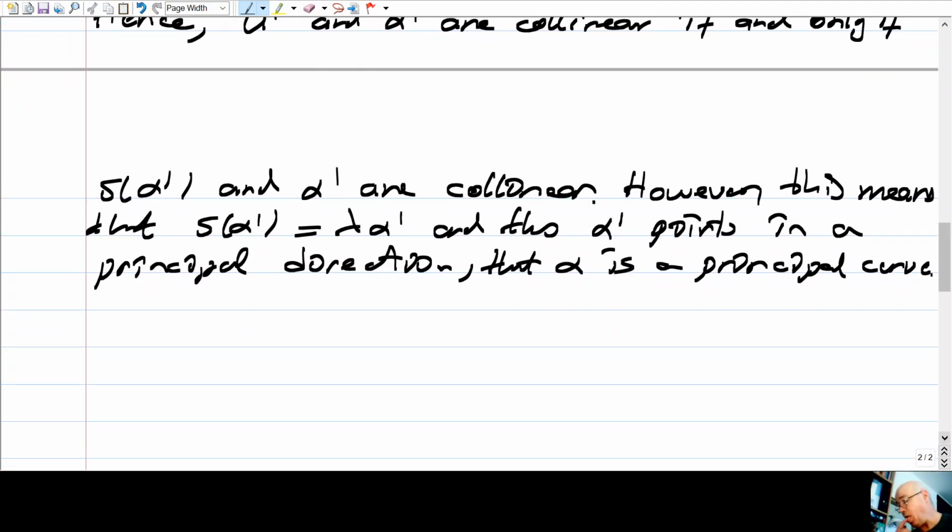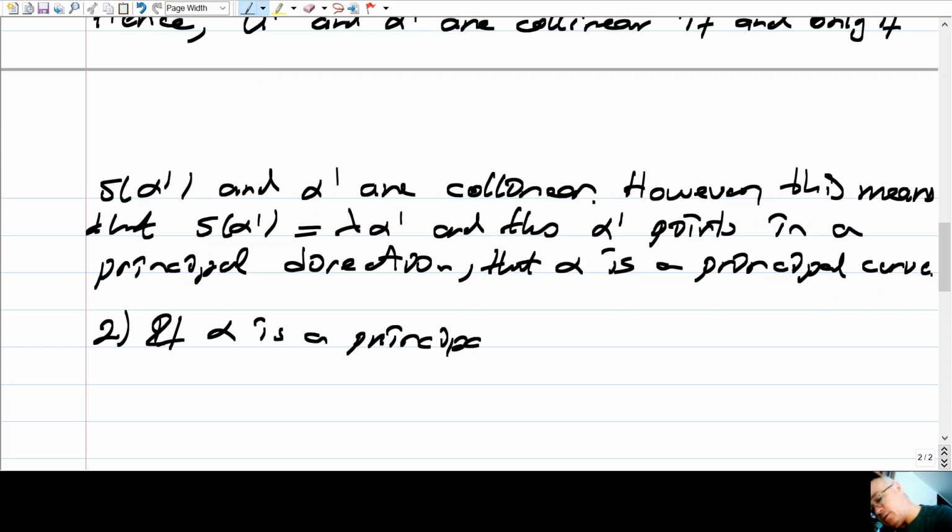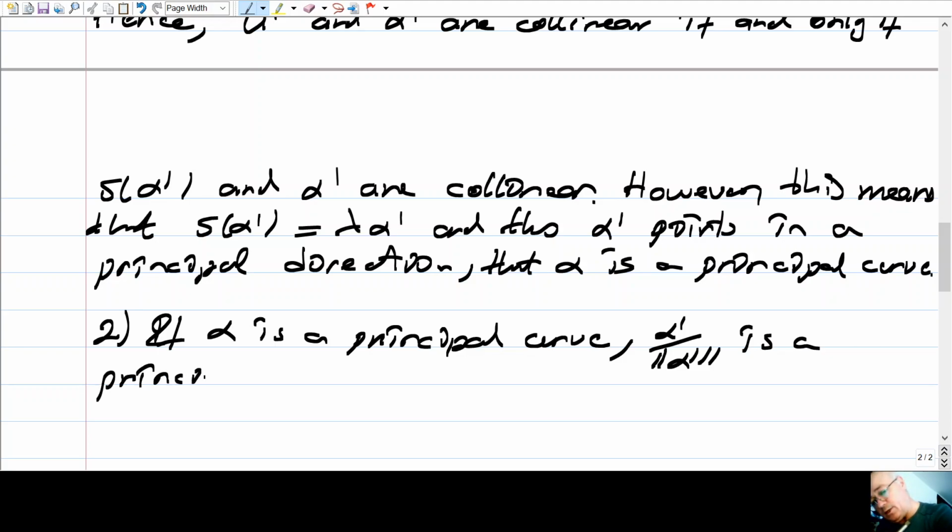All right. For the second part of the statement, if alpha is a principal curve, alpha prime over the norm of alpha prime is a principal direction, because it's a unit vector.